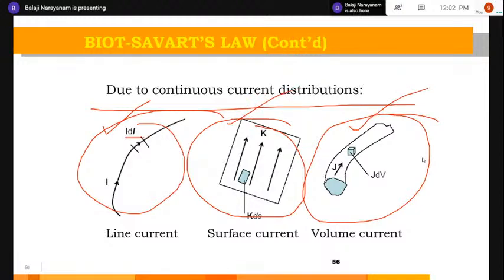The line current is represented with I dL. For the surface current distribution, K is the surface current density multiplied with the differential surface dS, and as a result you get the current I. J is the current density over the entire volume, multiplied with the differential volume. The units are ampere per meter cube multiplied with meter cube, which results in amperes.